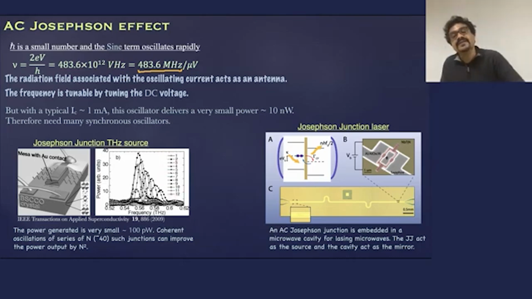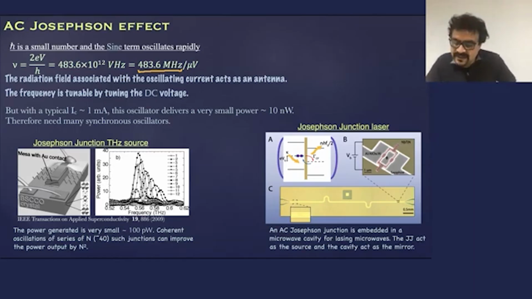So what we are seeing is, as we vary the applied voltage, the peak is going to shift to various frequency regimes. So you can tune the emission frequency just by changing the voltage. That is what is being demonstrated in this paper, okay. There are many publications like this. This is one of them, okay.